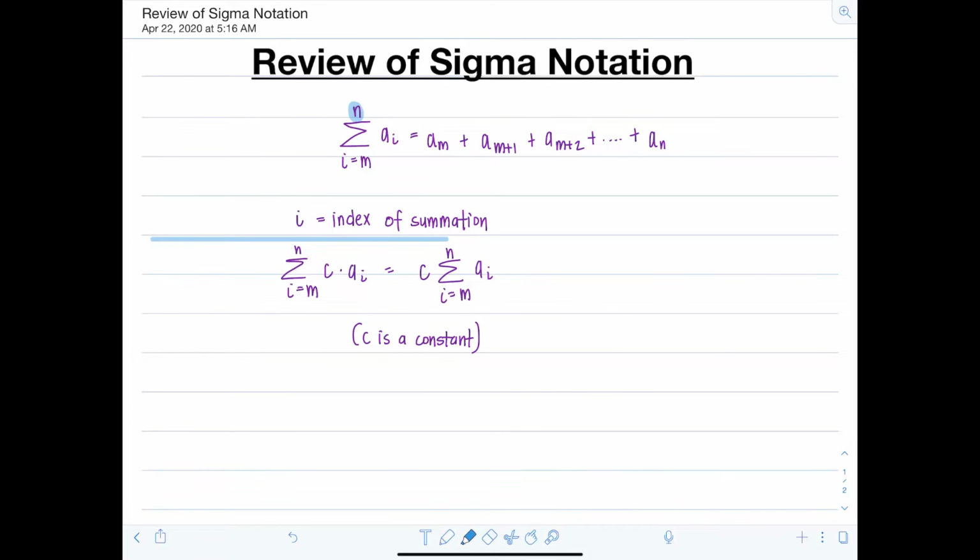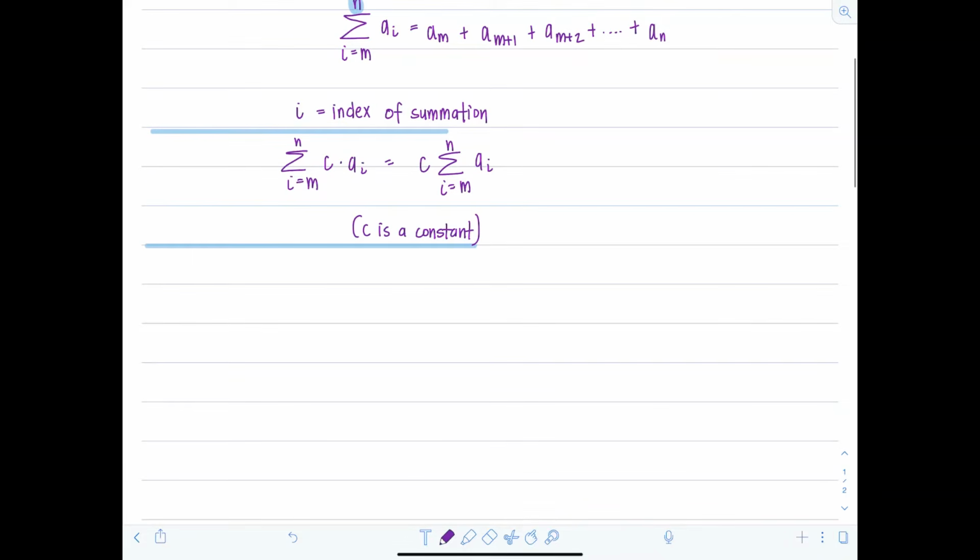Also, we can distribute a sum over addition and subtraction. So if I have the sum i equals m to n of a sub i plus b sub i, I can write this as the sum i equals m to n of a sub i plus the sum i equals m to n of b sub i.